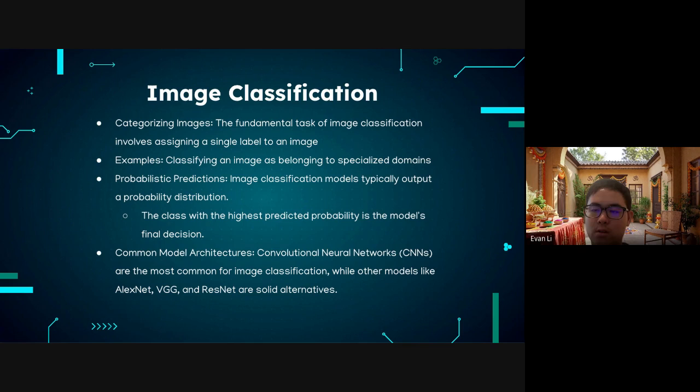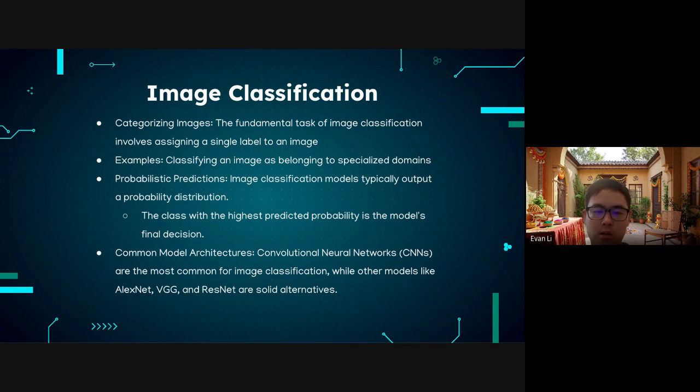Convolutional neural networks have become the dominant architectural choice for image classification, with pioneering models like AlexNet, VGG, and ResNet serving as foundational benchmarks and continuing to inspire ongoing advancements in the field.